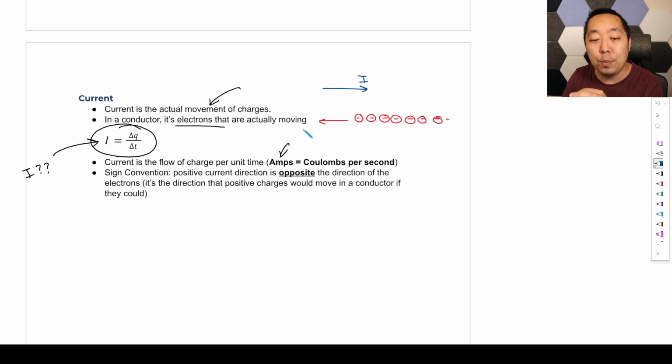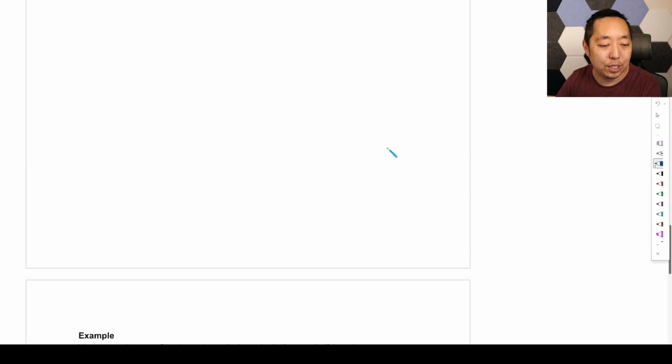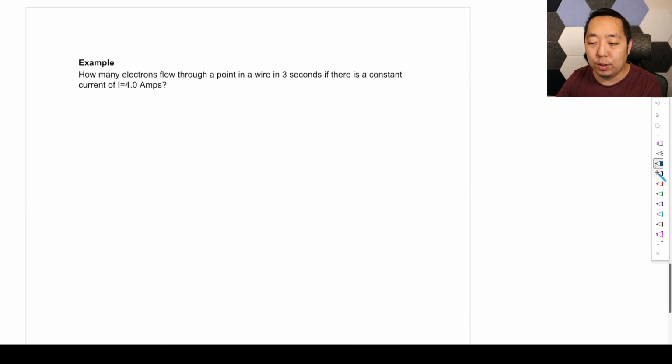I would not think about it as electrons beyond this point. When we do circuit analysis, just think of the current as though they were positive charges. It will just make your life easier. It does effectively the same thing. It does not really matter that it's actually electrons that are doing it, but that is a practical aspect you should keep in mind. So let's do a really quick question here.